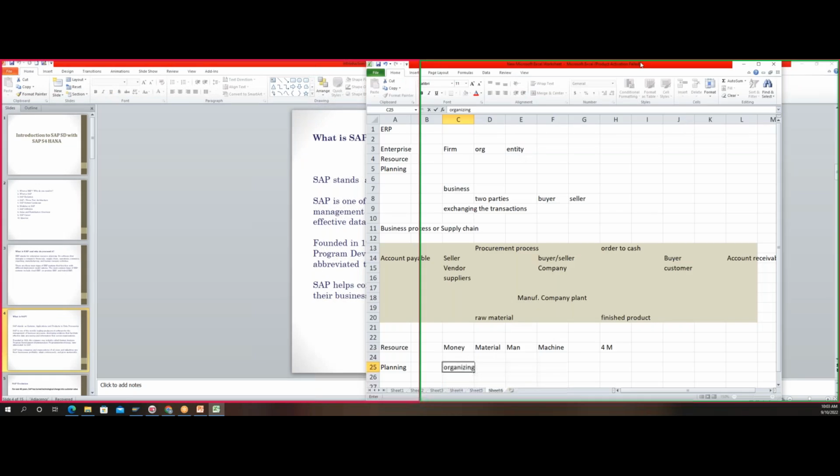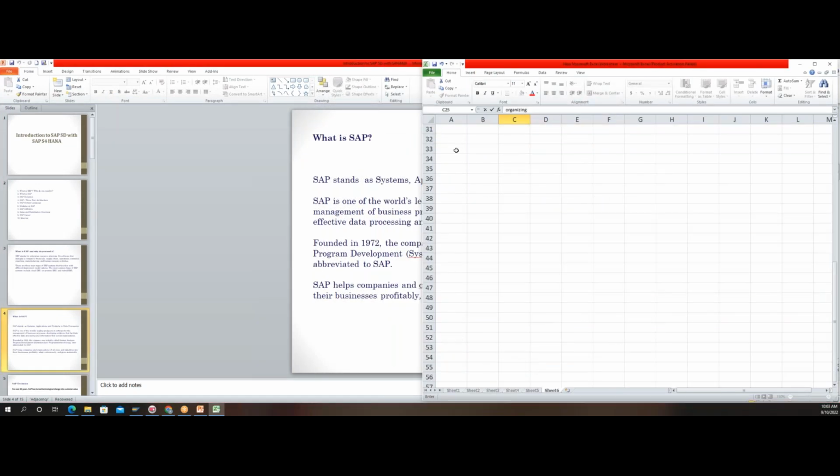try to understand a point here. Now, the enterprises are categorized into three: large enterprises, medium enterprises, and then we have small enterprises.